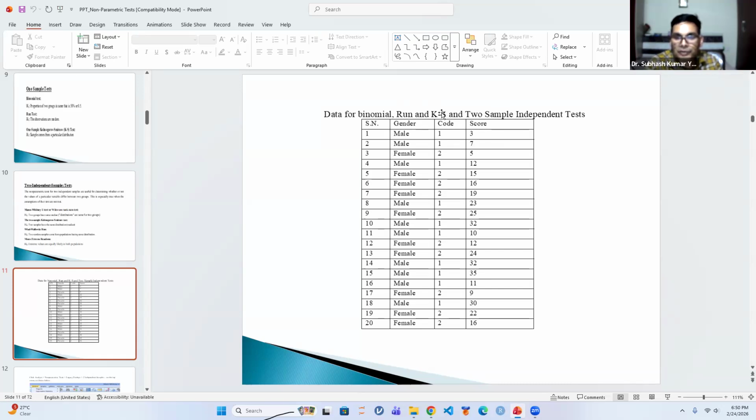Through the Kolmogorov-Smirnov one-sample test we can check whether this is coming from a particular distribution, say uniform, normal or gamma. For the two independent sample tests, we can check the equality of medians of the two groups, meaning the median of male is equal to the median of female.